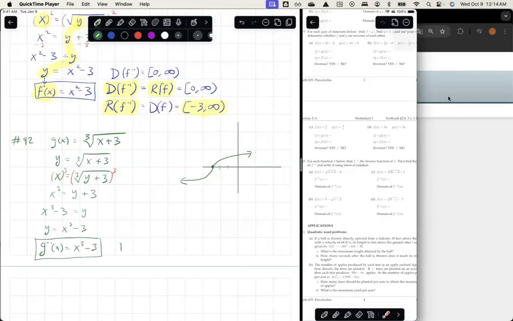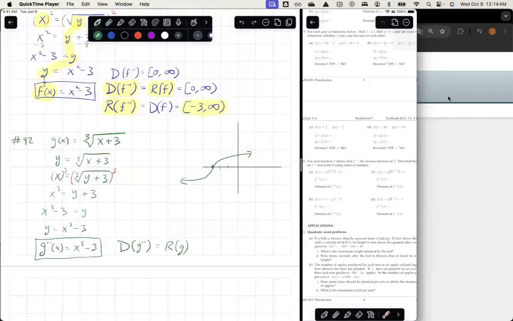We do want the domain of our inverse function. So the domain of the inverse function, this is a cubic function. We could find its domain just directly for this case, but let's go ahead and just use the range of the original function g. We have the graph of it right here.